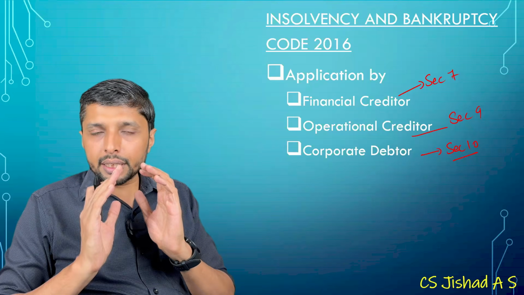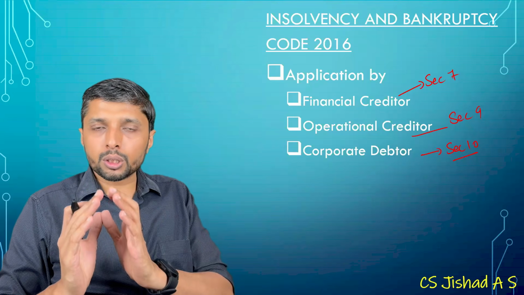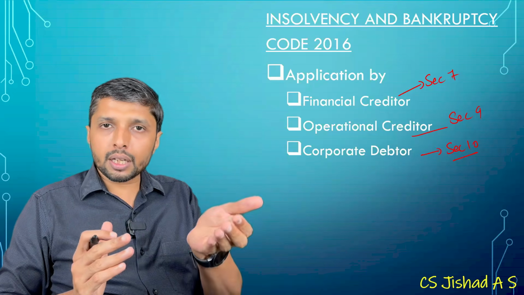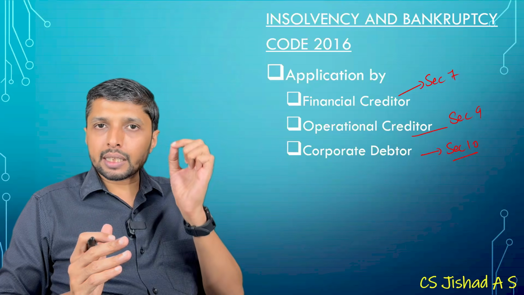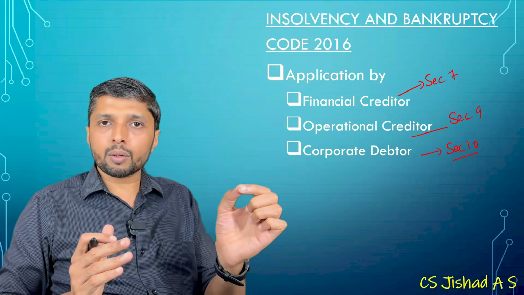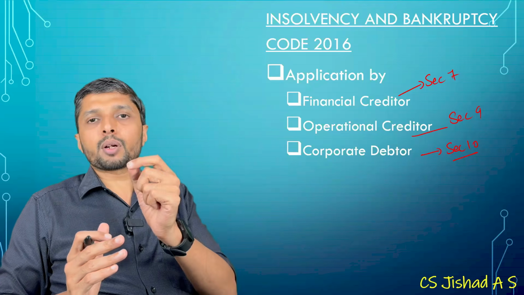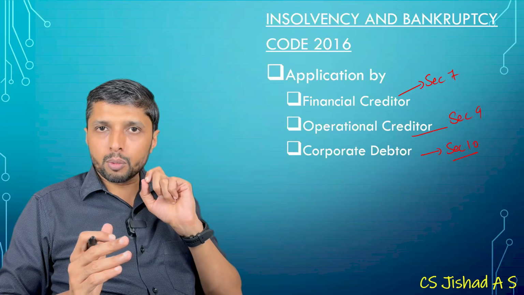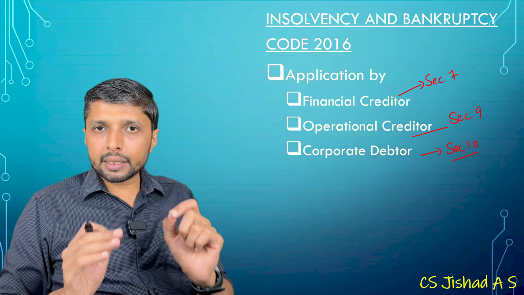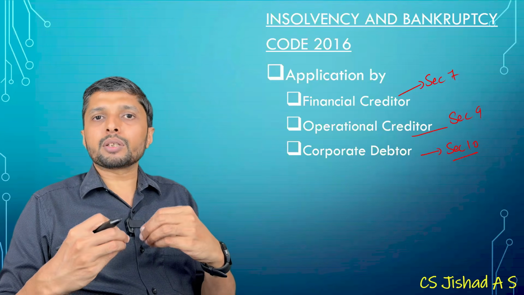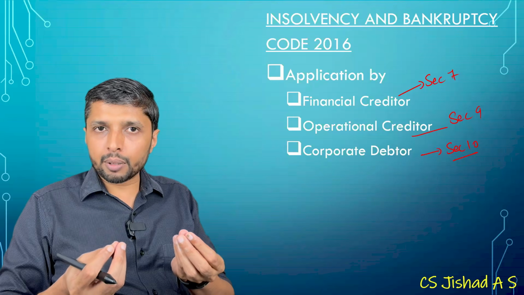The duty of the interim resolution professional will be to constitute the committee of creditors. After the committee is constituted, it will appoint either the interim professional or any other professional as the insolvency resolution professional. The insolvency professional will prepare the information memorandum, and it will be provided to the resolution applicant.